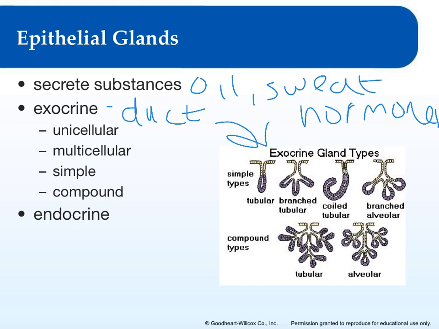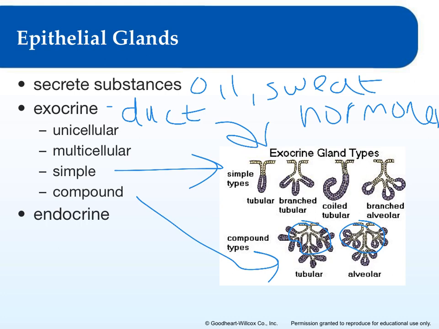So you can see in this first row right here, even though the base of the gland may look a little bit different, they all have one single duct. Where a compound gland is going to have bases, or the duct will branch. You can see the branching of the duct all throughout here. So the duct itself is branching. So simple, one duct.